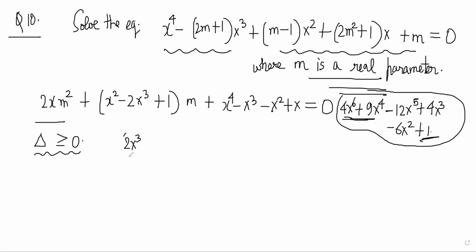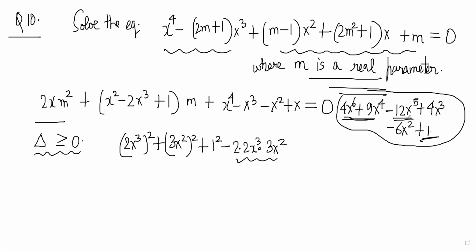So this is 2x cubed whole square plus 3x square whole square plus 1 square. Can we arrange it so that, okay, minus 2 into 2x cubed into 3x square. This is going to give us a minus 12x power 5.